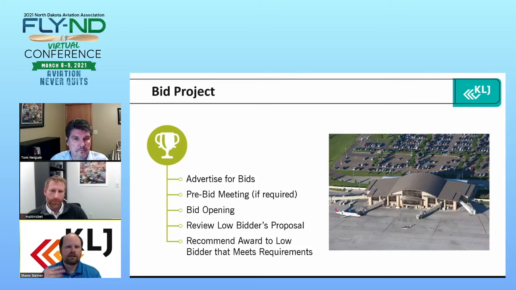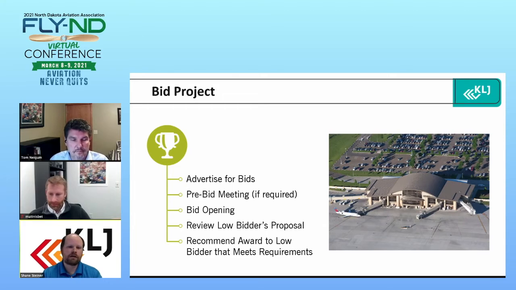That way, it never fails that after a project is bid or once the construction starts, there's always that minor detail or maybe that footnote that that dang engineer put at the bottom of the plan page with the size 2 font that nobody saw. So this is really the opportunity to make sure that the contractor knows really what they're getting into and any specifics. So after that, we hold the bid opening.